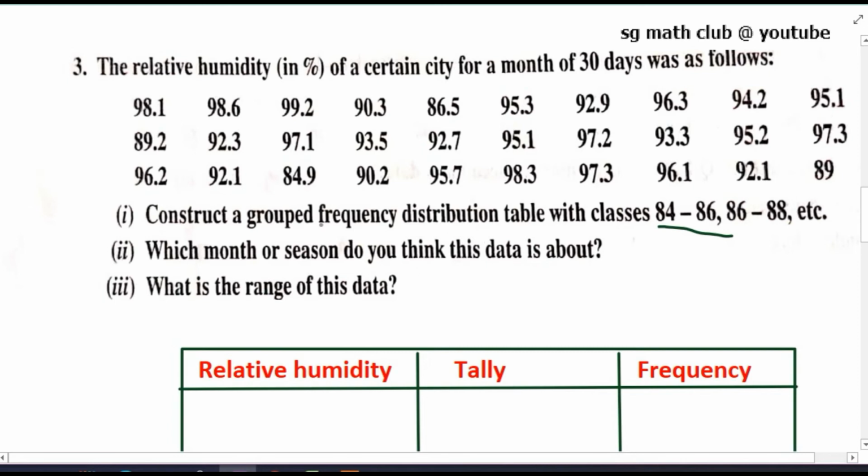So first we need to prepare the group frequency distribution table, and they have given the classes 84 to 86 and 86 to 88. We can see that the maximum value is 99.2, so we need to prepare till 100.